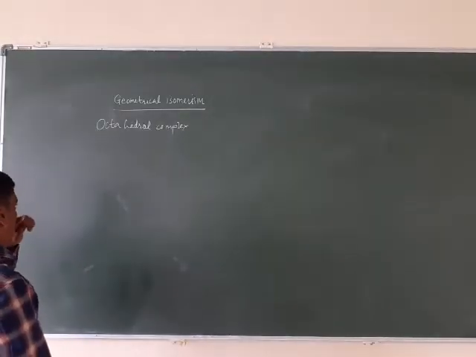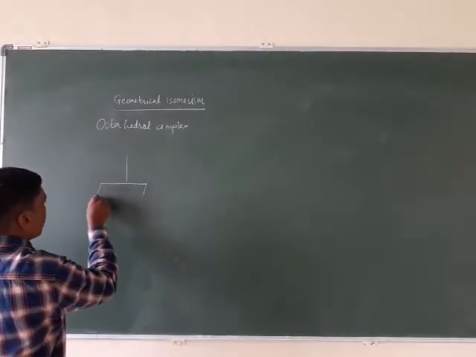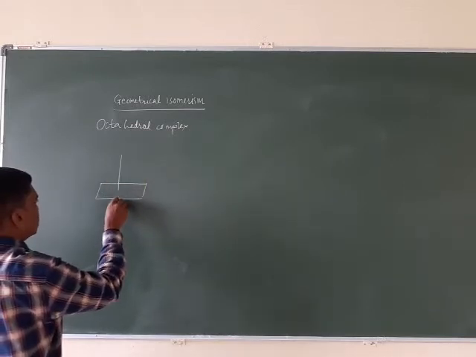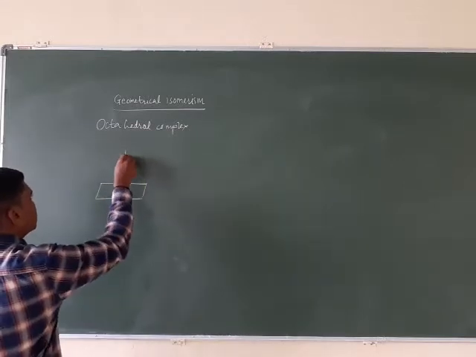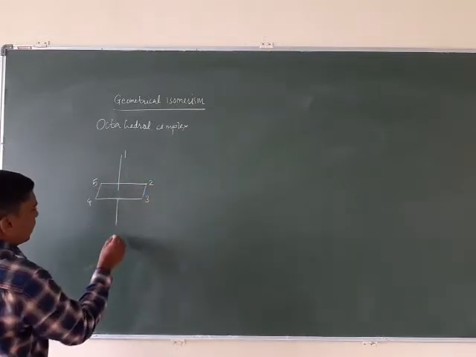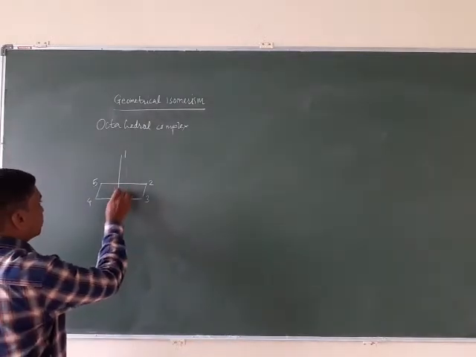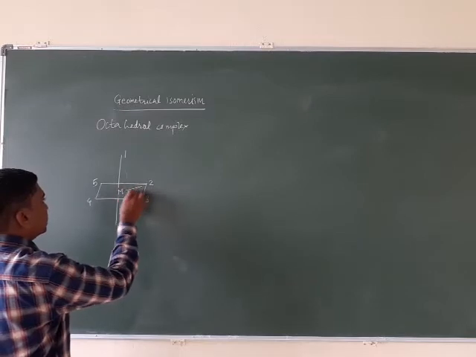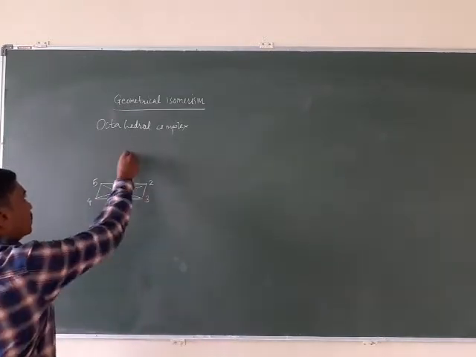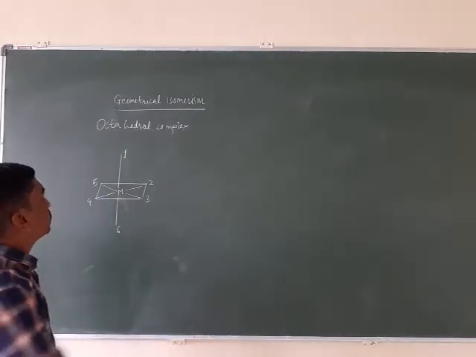Out of 15 positions, 3 are trans and 12 are cis positions. So here our central metal atom or metal ion and the ligands are bonded at the positions from 1 to 6.